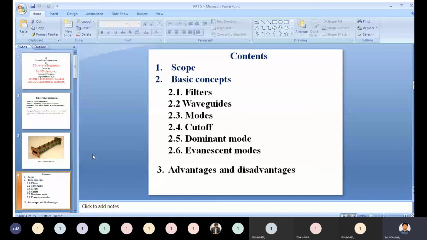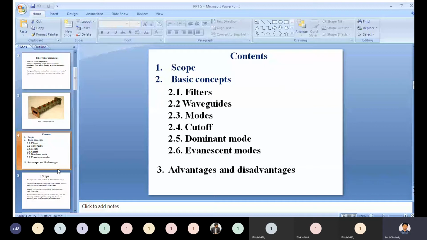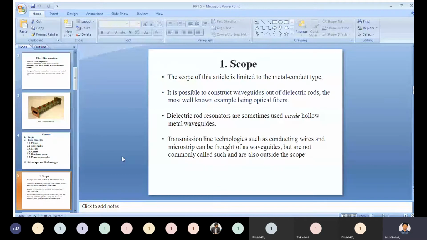First one, scope. What is the scope of a waveguide filter? The common meaning of waveguide, when the term is used unqualified, is the hollow metal kind, or occasionally dielectric filled.